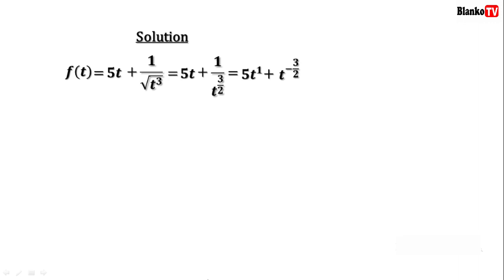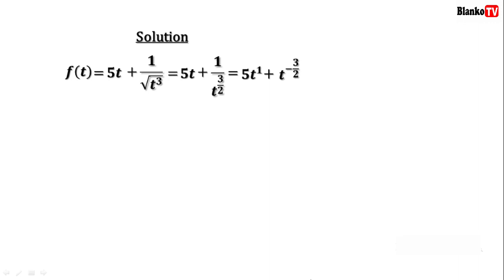I hope you are following it. So 1 over t raised to the power 3 over 2 is the same as what? t raised to the power negative 3 over 2. So 5t plus 1 over the square root of t raised to the power 3 is now 5t raised to the power 1 plus t raised to the power negative 3 over 2.